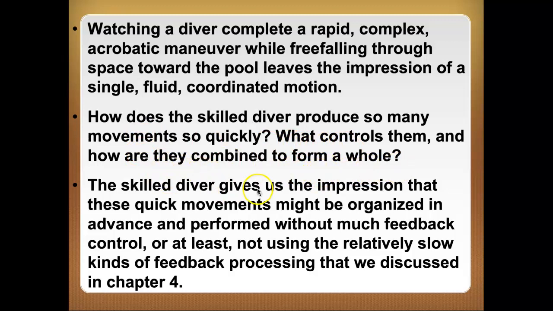A skilled diver gives us the impression that these quick movements might be organized in advance and performed without a whole lot of feedback or control, or at least using relatively slow kinds of feedback that we discussed in Chapter 4. I can tell you that I have taught some of these aerial type moves, and you definitely teach them in sequence and slowly and spotted until they can actually proceed through the whole thing safely.